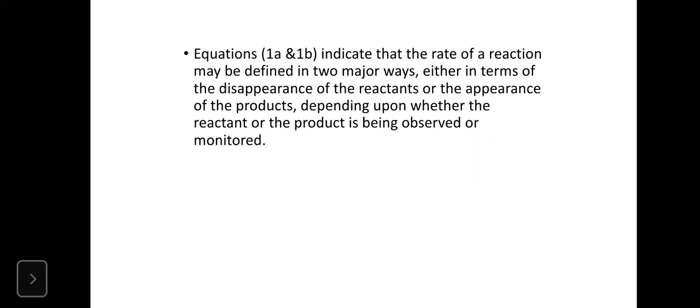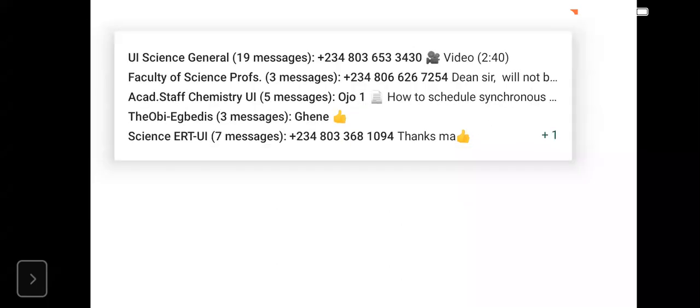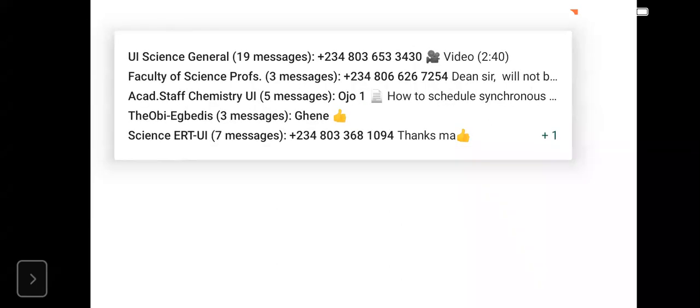The rate of a chemical reaction is the time rate of change of concentration. Time rate of change of concentration. That is a short way of also defining it. But remember, I talk about average rate. We are going to be talking of instantaneous rate and things like that as time goes on.